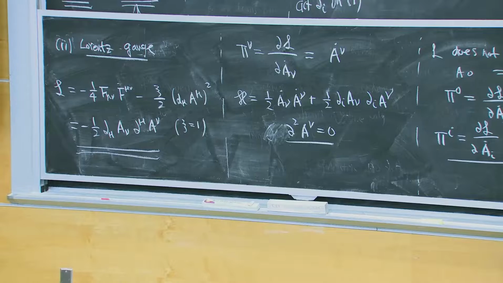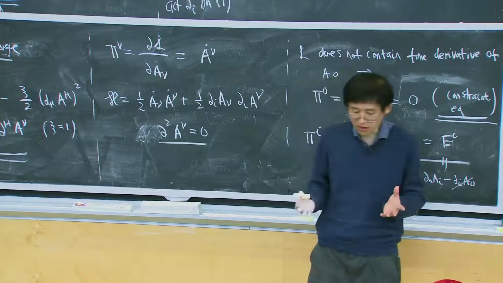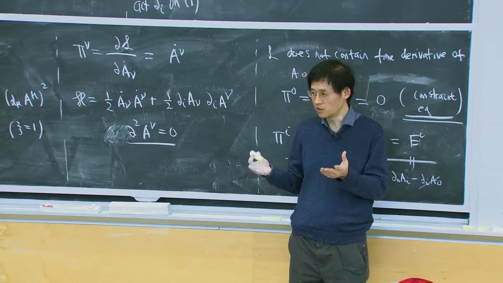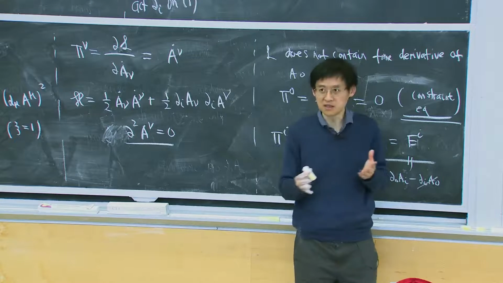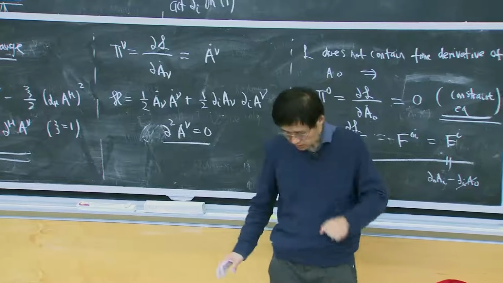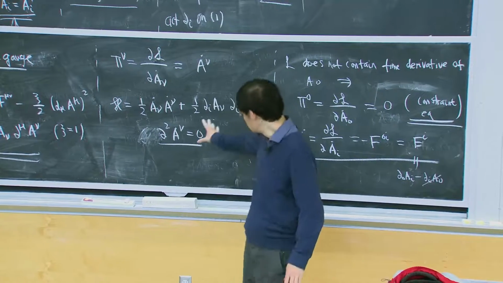So now we can just completely take over what we did for the massless scalar to write down the answer, but we're running out of time today. So next time we will talk about it.